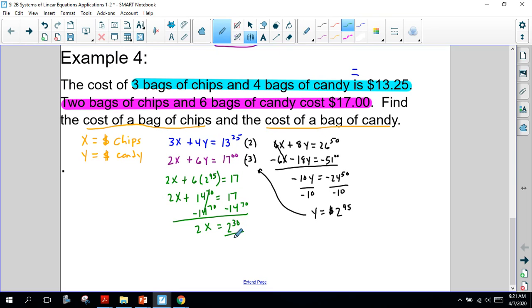And when I divide by 2 on each side, x, which remember at the beginning was the cost of a bag of chips, ends up being $1.15. So final answer here: the cost of the bag of chips is $1.15. The cost of the bag of candy is $2.45.